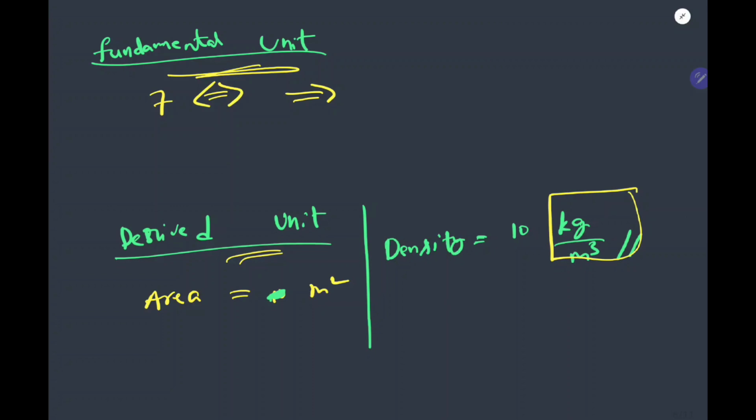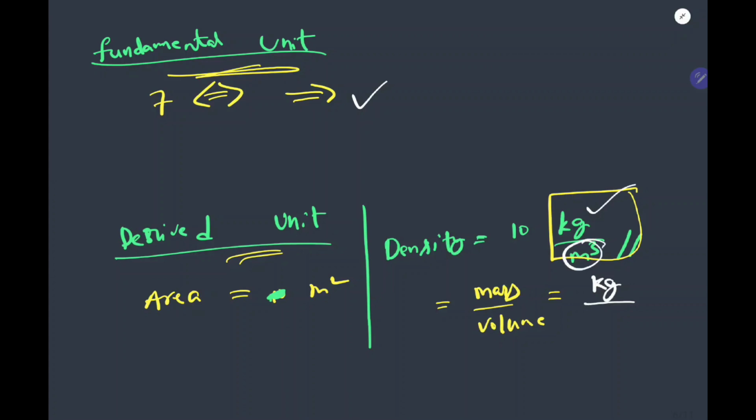I will show the formula. The formula for density is mass by volume. The mass can be measured in kg or grams, whatever it may be, but in SI the fundamental unit for mass is kg. So the upper part is kg.